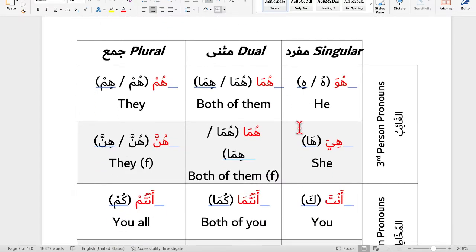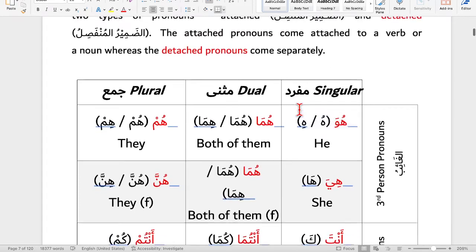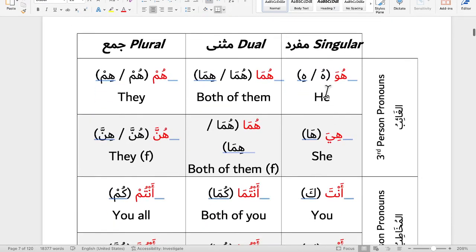Like this is the table: huwa, huma, hum, hiya, huma, hunna. This is for the third person pronouns: he, both of them, they; hiya, she, huma, both of them, hunna, they. So all these are detached, they are separate.